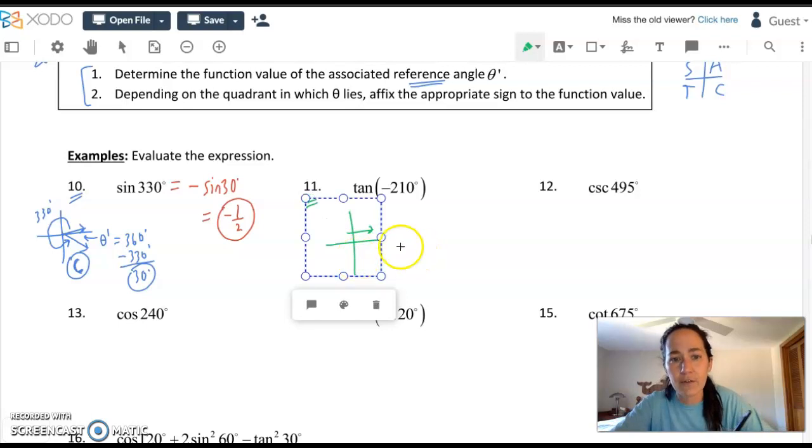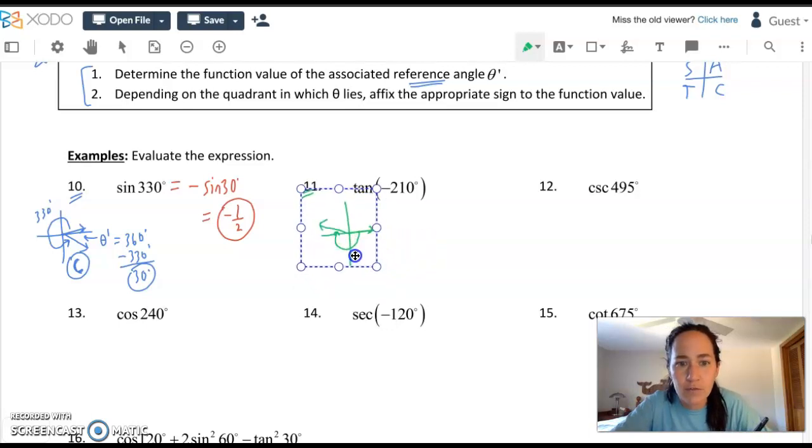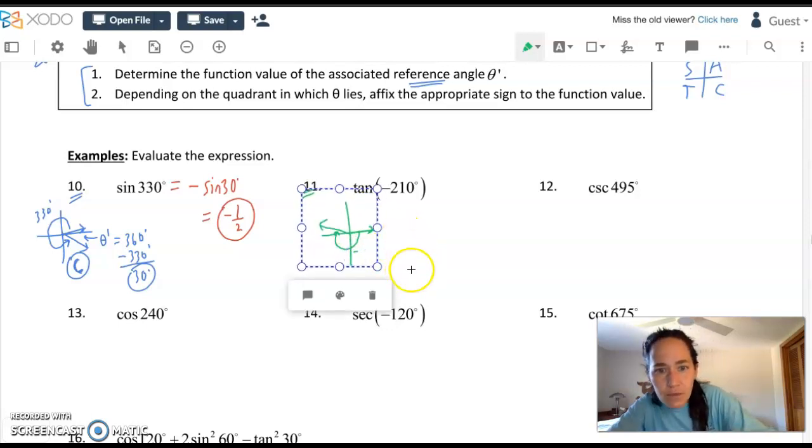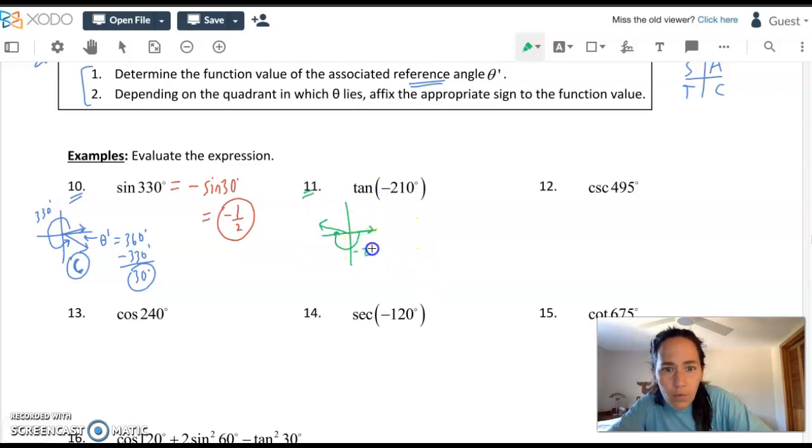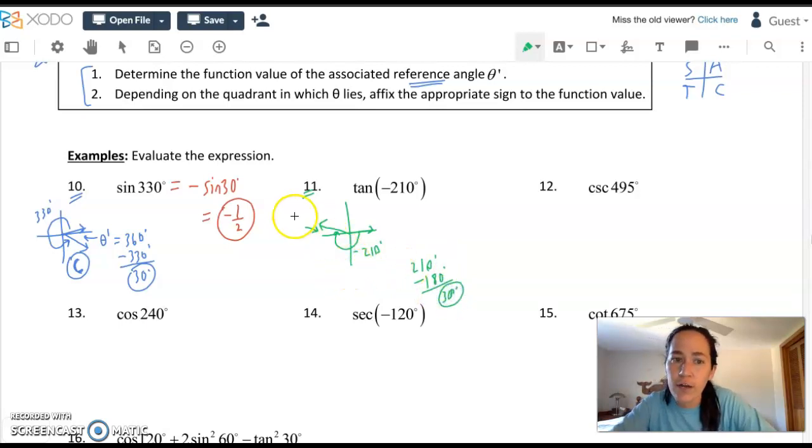We'll say negative 210. What would our reference angle be? Well, how much further than 180 did we go? If I take 210 minus 180, I just want to figure out how much further we went. We went, what do you know, 30 degrees, a little bit too far. So your theta prime is going to be 30 degrees.